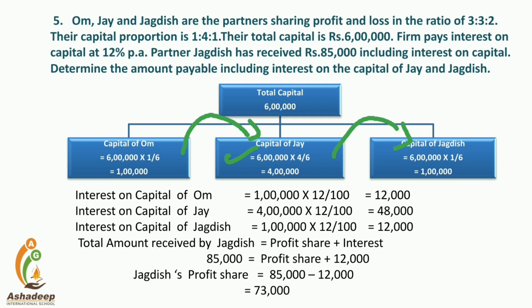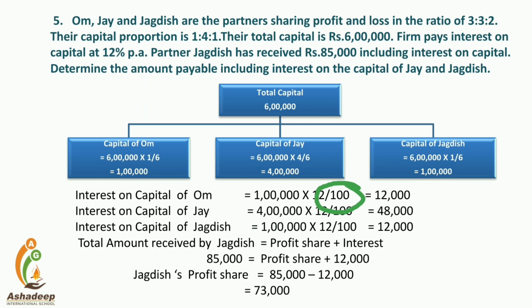Now once you get the value of capital, you can find interest on capital on them. So now we have the individual capital of Om, Jay and Jagdish. Now we are going to find the interest on capital. First we are starting from Om. The capital of Om is rupees 1 lakh, and rate of interest is given 12%, so 12 upon 100.